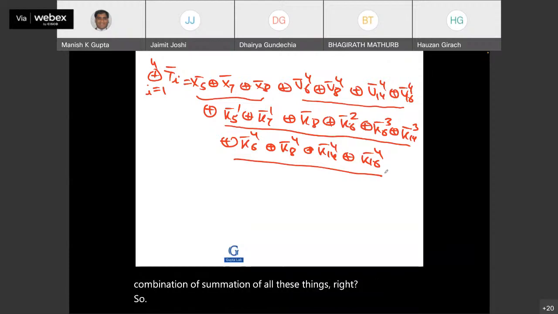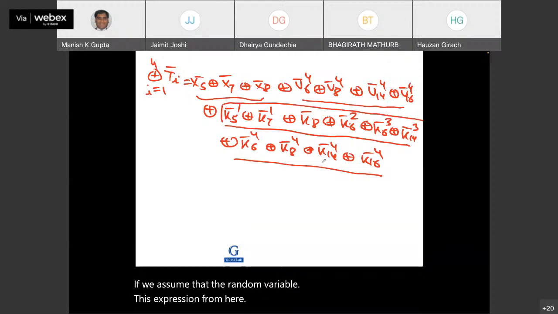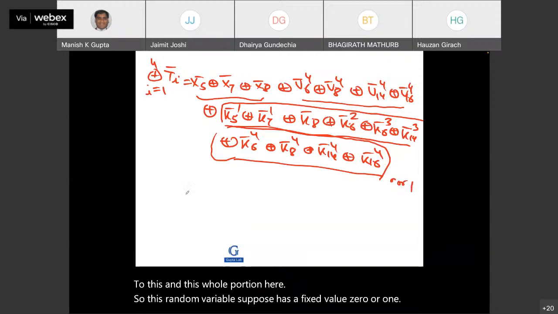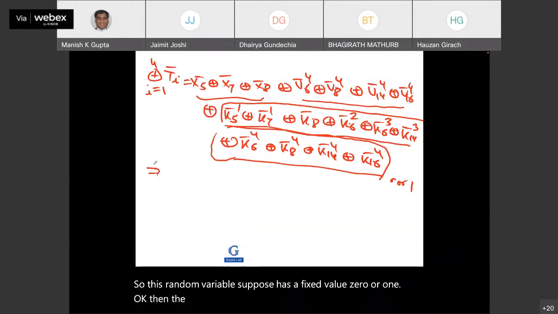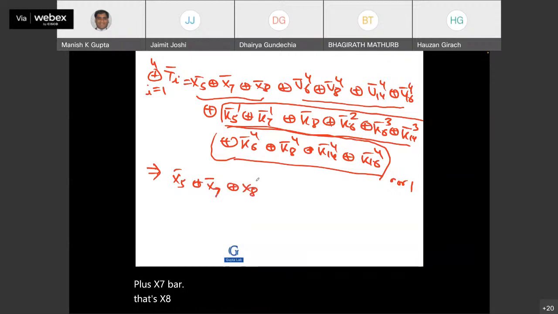So if we assume that this random variable, this whole portion here, has a fixed value 0 or 1, then this summation will simplify to x5 bar plus x7 bar plus x8 bar plus u64 plus u84 plus u144 plus u164.